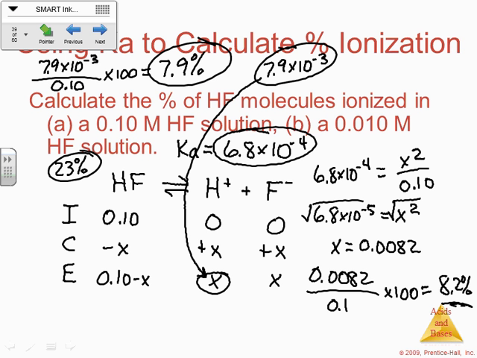So that's kind of weird. So actually, if you look at the graph on page 687, it shows you that relationship. And it basically shows you that the higher the concentration of your weak acid, the less of it dissociates.